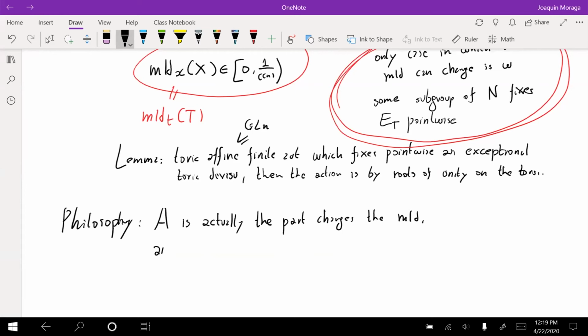And N shouldn't change the MLD. Well, there are examples in which N changes it, but it should not change it. It should sort of change it in a really bounded way. Okay, so this is just a philosophy. It's not a theorem yet.